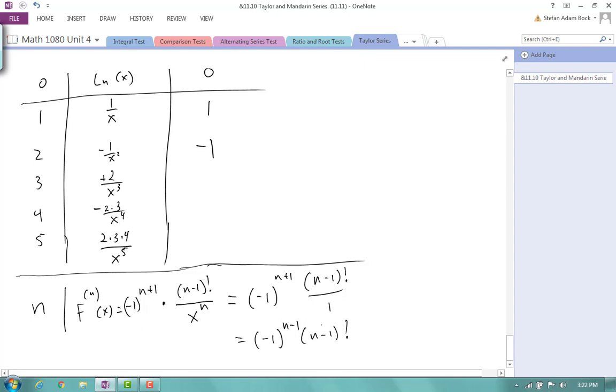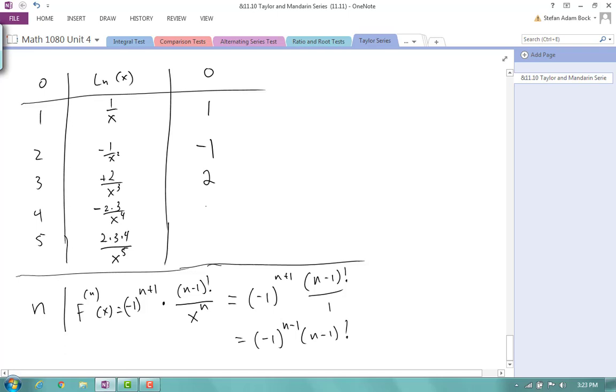And similarly, if I plug in 1 for the third derivative, I should get 2. Down here, if I plug in 3, I get negative 1 squared, that's positive, times 3 minus 1 factorial, which is just 2.